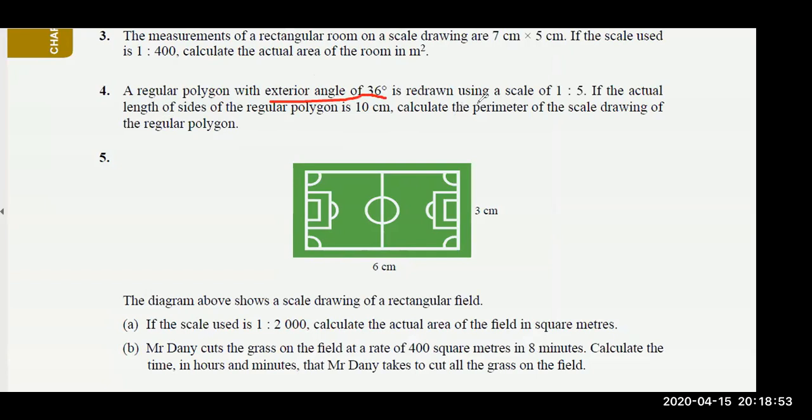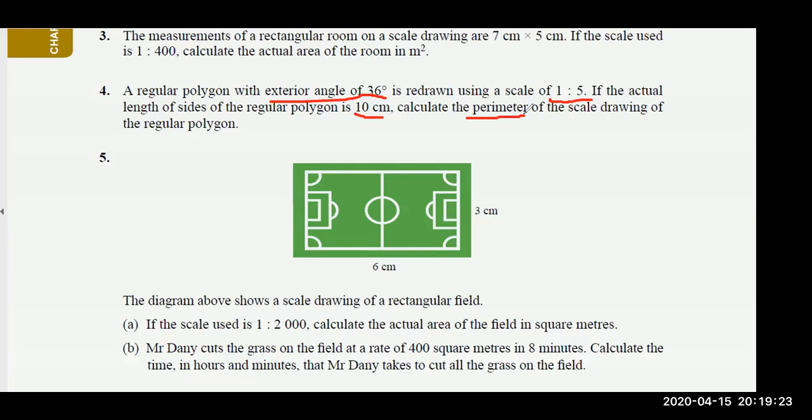And you need to draw the scale is 1:5. So they give you the actual length is 10 cm. Calculate the perimeter, right? So first thing you want to know is which polygon, how many angles, how many sides.